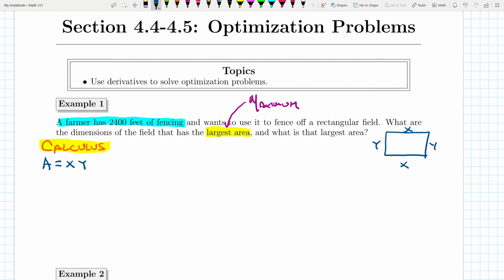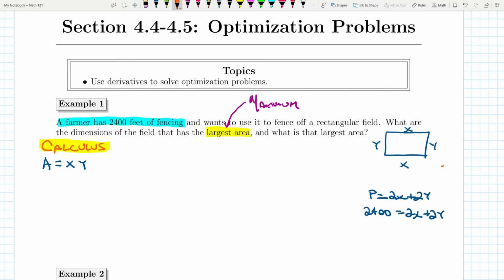That is, we have a perimeter that is 2x plus 2y, and the given perimeter, which is the total amount of fencing, is 2,400. 2,400 equals 2x plus 2y. And by the way, this part right here that we are setting up, it's what I usually call the algebra part.